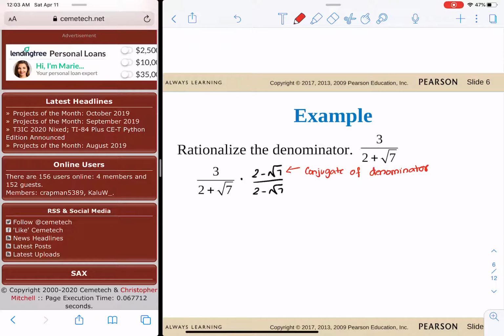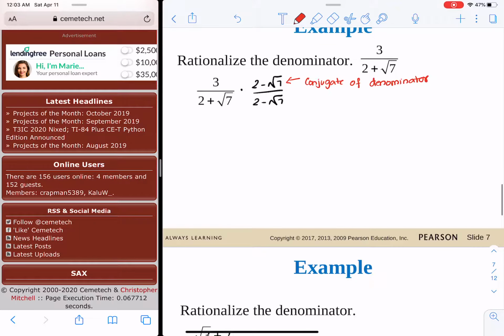We do it this way because the denominator has 2 terms. So that would give us 3 times 2 minus square root of 7 divided by 2 plus square root of 7 times 2 minus square root of 7.